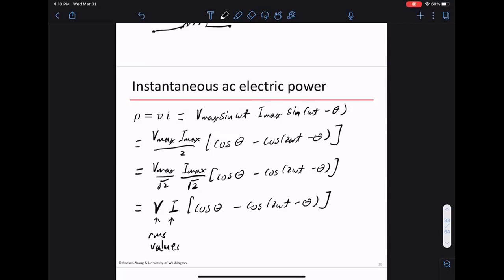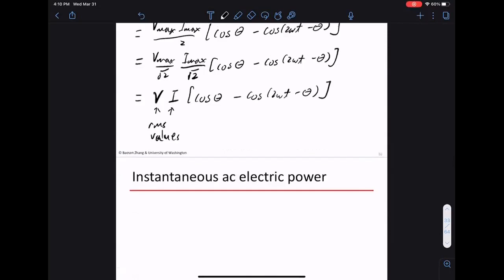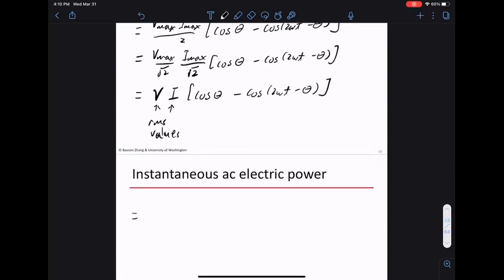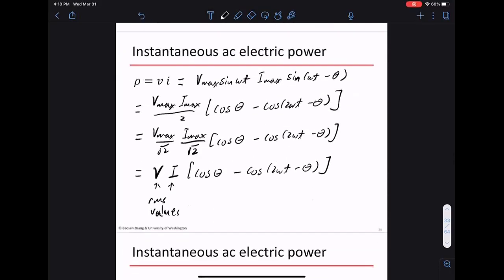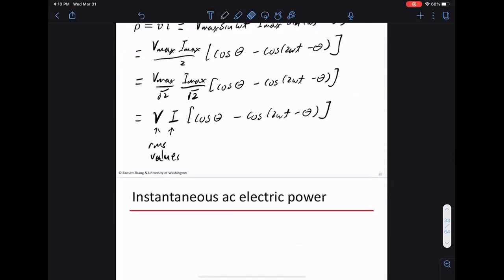But we still have two terms inside the bracket. So let's look at what to do with the two terms inside the bracket, continuing with the equations.